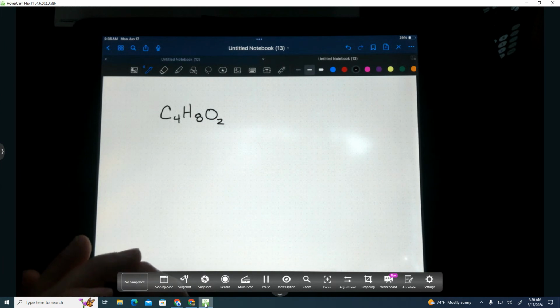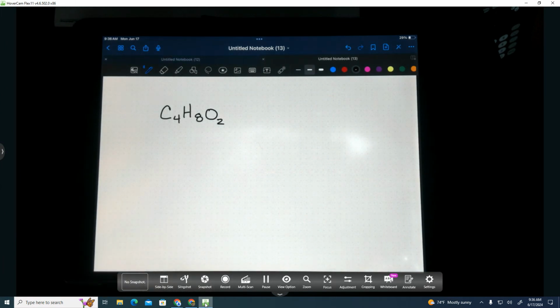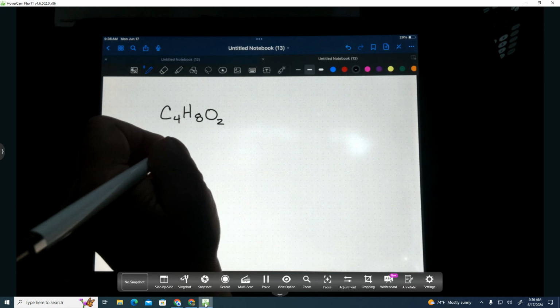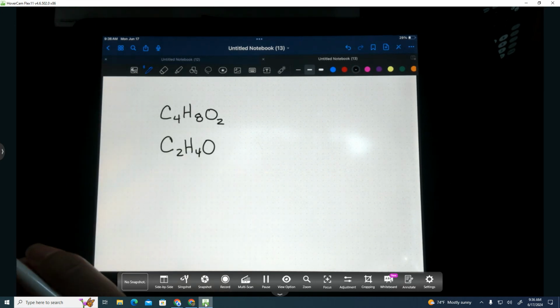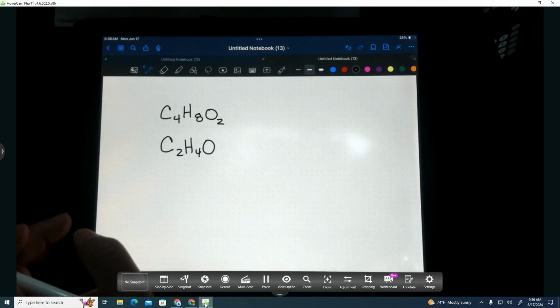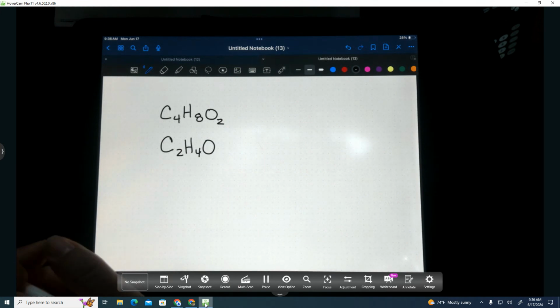Molecular formulas tell us the exact number of atoms in the compound. How do I make that empirical? C4H8O2, divide everything by 2. C2H4O. Wait, so the molecular tells the exact number of atoms? Exact number of atoms. The empirical tells us the lowest whole number ratio.